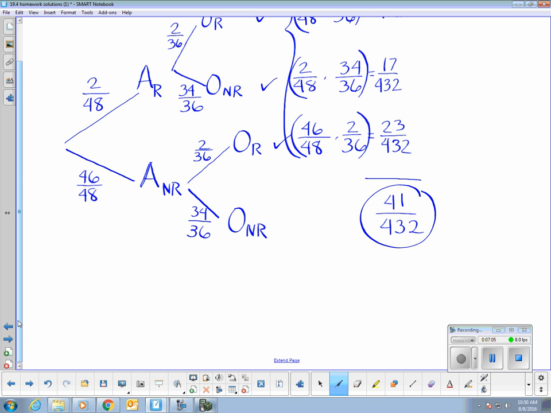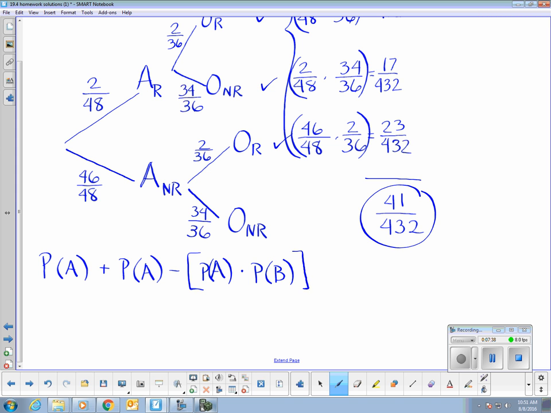But using our OR rule, the OR rule says to take the probability of event A, that would be the probability of getting a rotten apple, and the probability of event B, that's a rotten orange, and then we're going to subtract the probability of event A and the probability of event B, and that gives me the probability of event A or B happening.